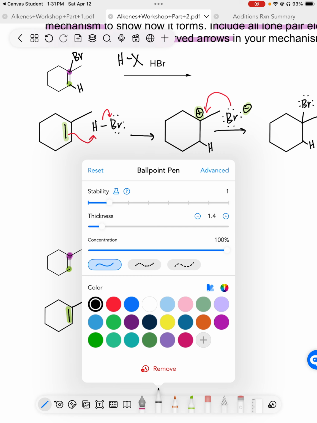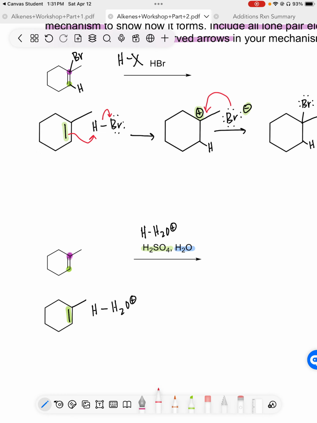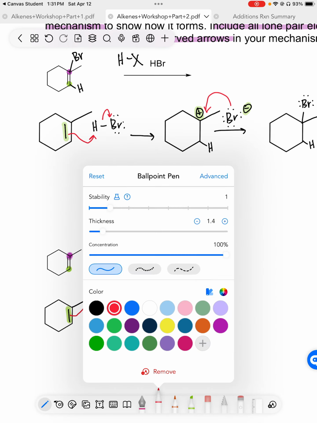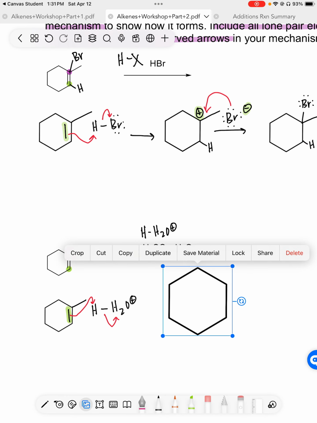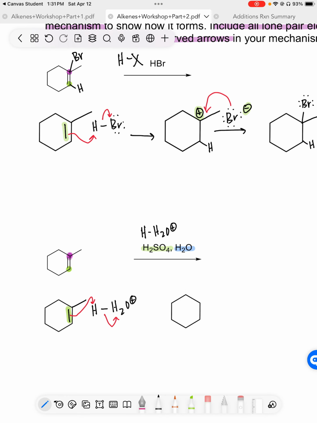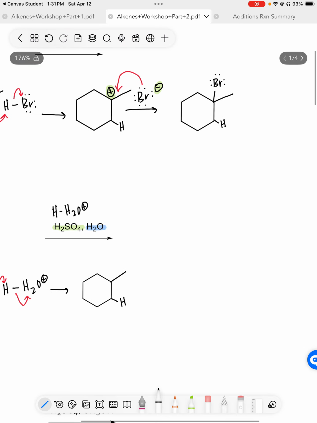So those alkene carbons' electrons attack our H and the bond breaks. And we get this. Still have our methyl group coming off. Now we've added an H to our less substituted alkene carbon.